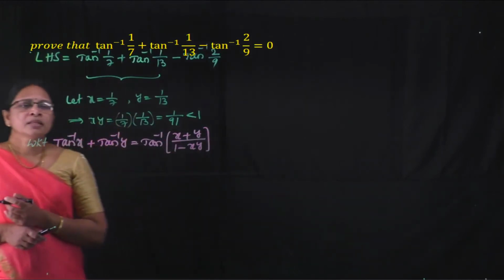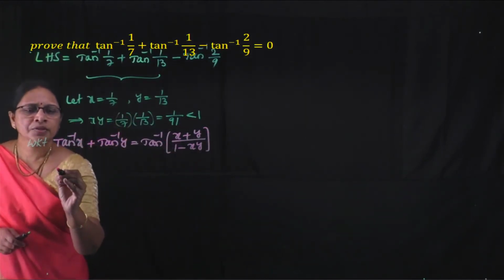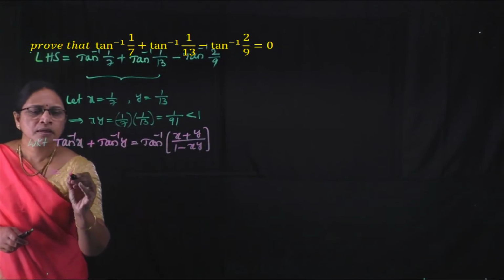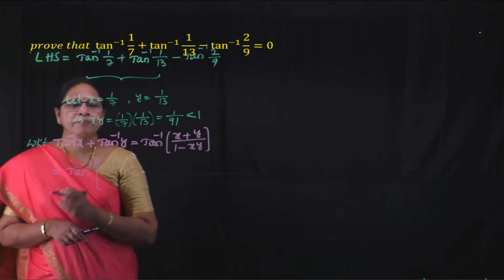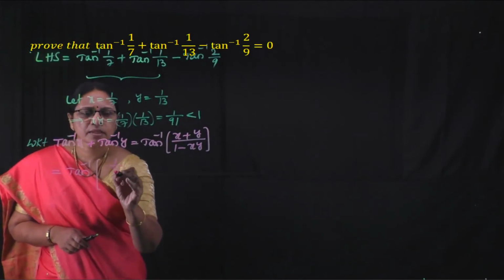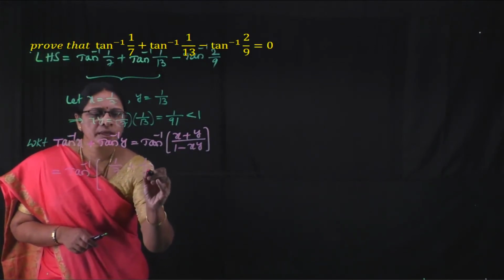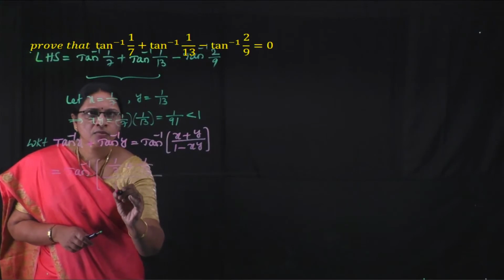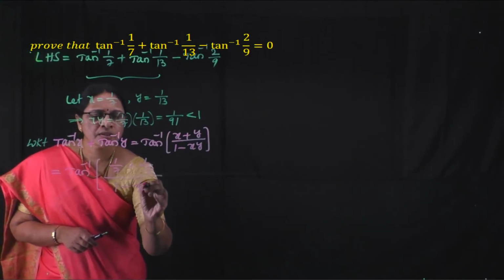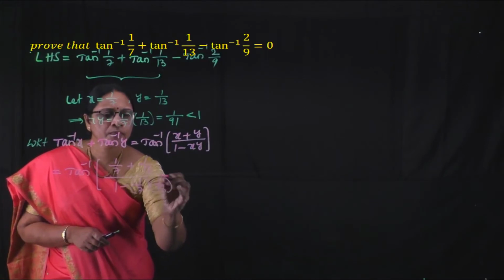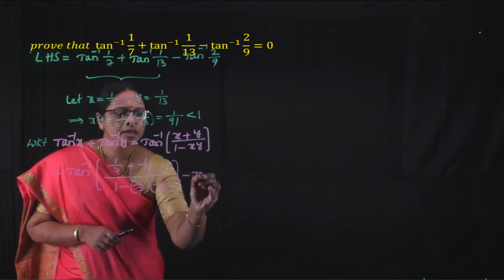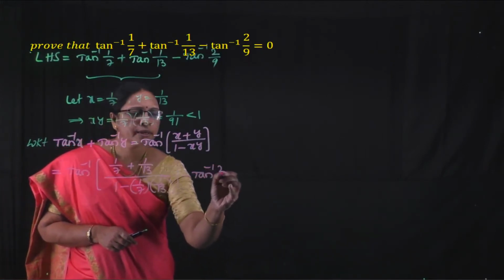So apply this formula. LHS becomes tan inverse of x plus y, that is 1 by 7 plus 1 by 13 by 1 minus 1 by 7 into 1 by 13, minus tan inverse of 2 by 9.